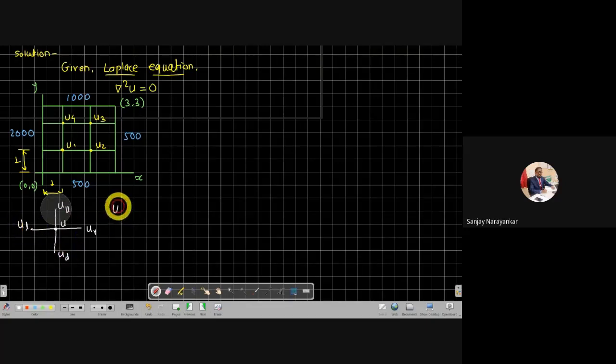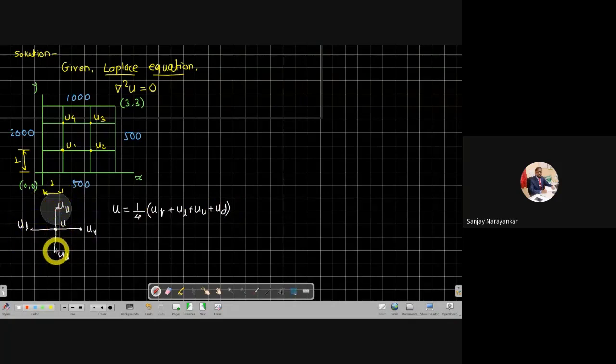Can you tell me the formula for u? Yes, 1 upon 4 into the bracket of u right plus u left, u up plus u down. So you have to take a simple summation of all these terms.